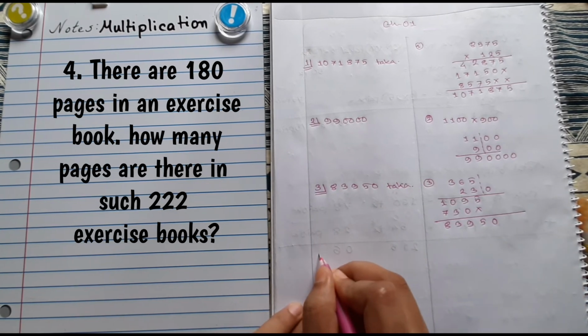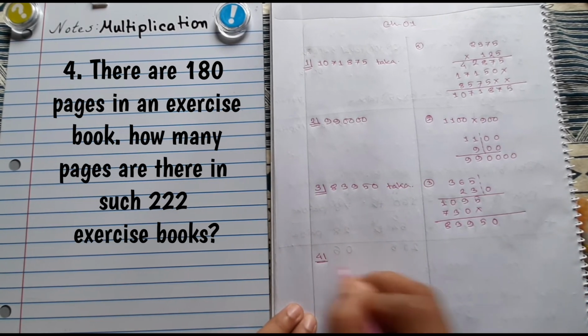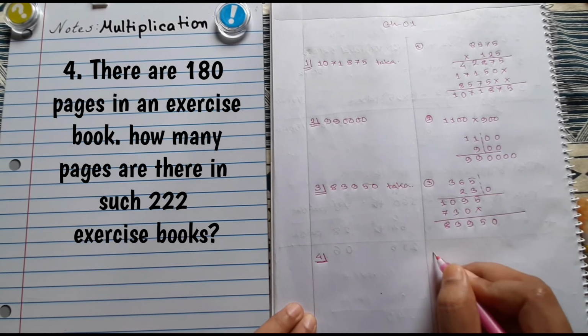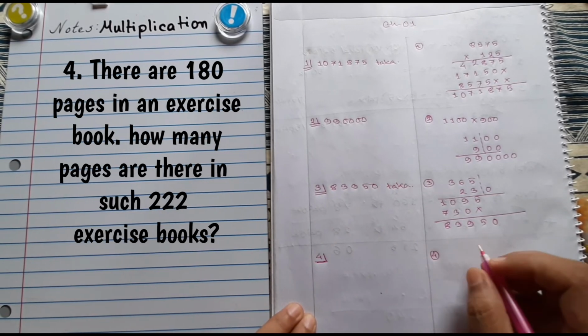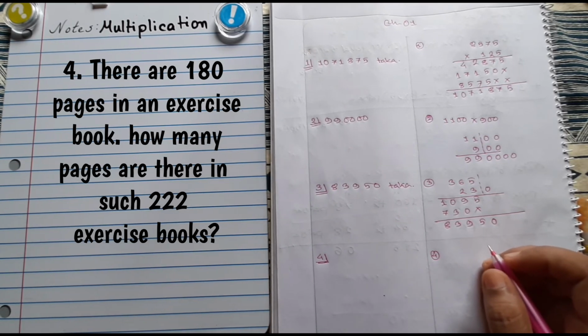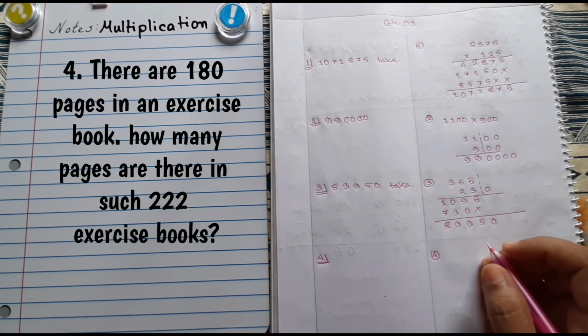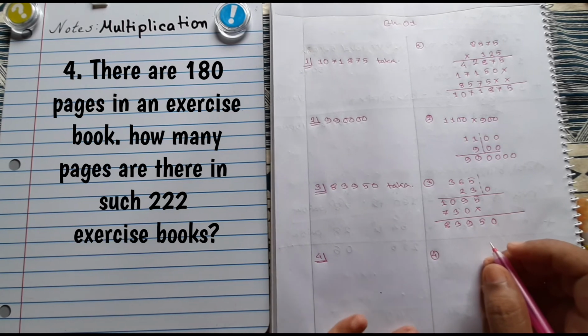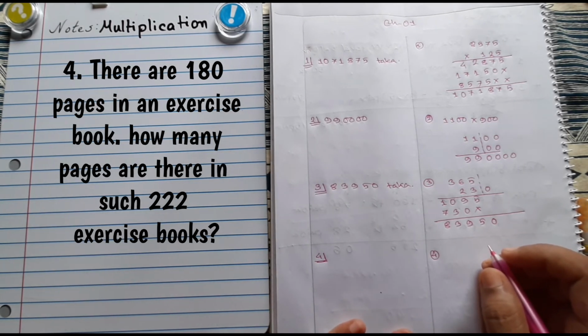So leaving the space again, then 4-number writing over here, and the rough of the 4-number is over there, okay? So I'm just going to multiply, because in one book there are 180 pages. Definitely in 222 books there will be more pages, and more means multiplication. I actually keep saying that thing in your class repeatedly, right?